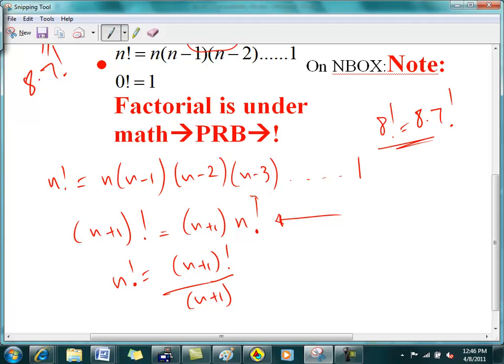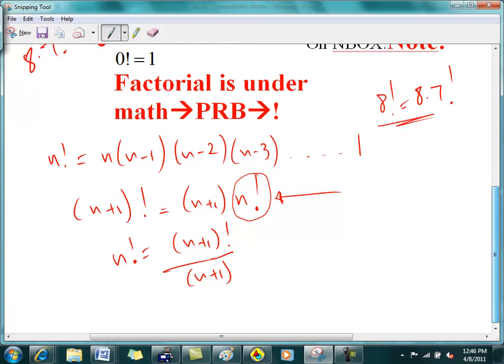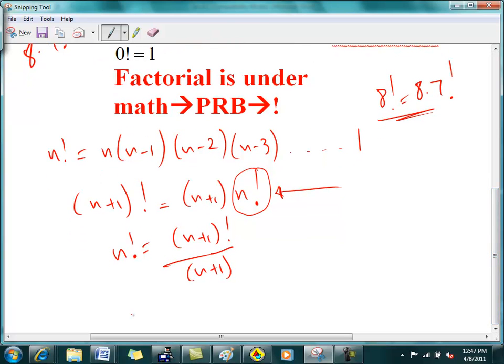See how I isolated this, Ryan? Now, Stephanie, if I put n equals 0 in here, then I get 0 factorial. Because n is 0.